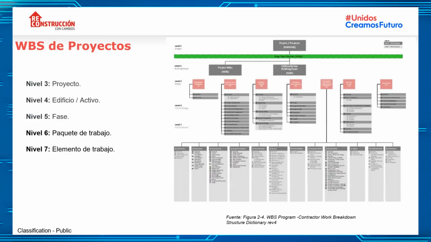Each project within the scope has an assigned work package, and the element of work is the latest, standardized level, level 7, that should be set up. So here we are defining the work elements and control within the process of work. And all of these details, as I said, you can find in the WBS dictionary.